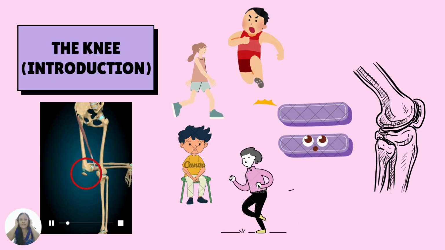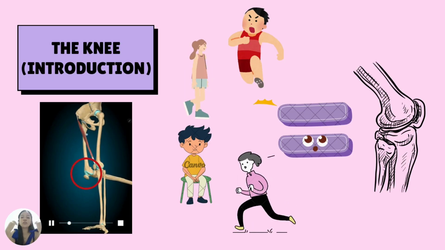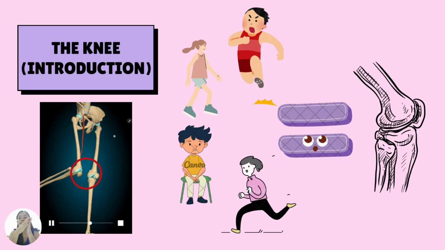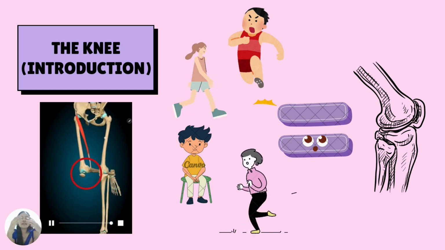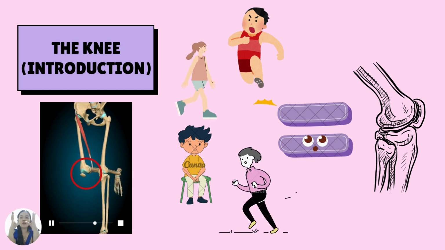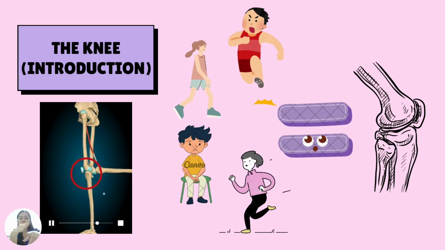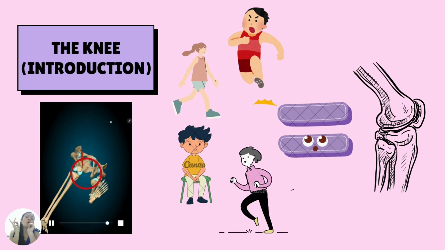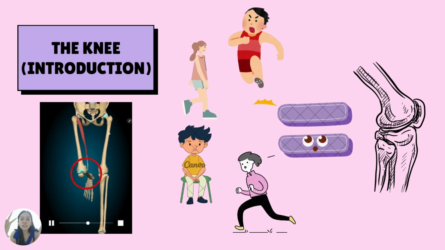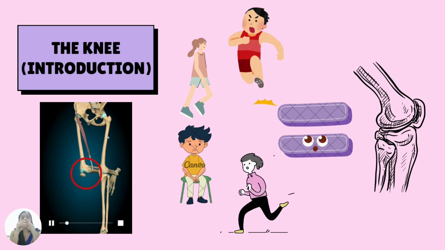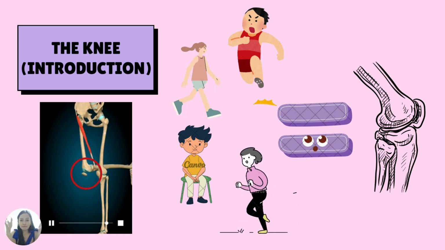In the knee introduction, we have that the knee is the most complex and important joint in our body because it connects the thigh to the lower leg and allows us to perform essential movements, like we can see in the image: running, walking, jumping, and also sitting. We use this for every action that we do every day.